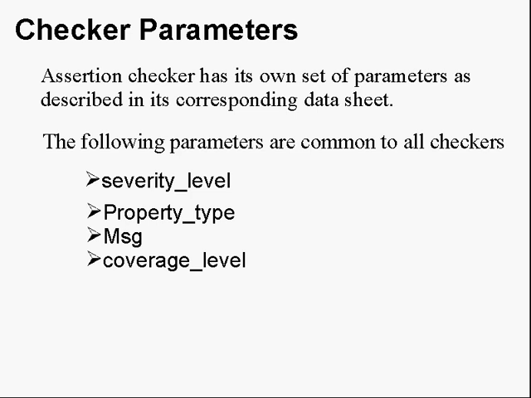Next, we are going to see the benefits of assertion checkers. First, testing internal points of the design, thus increasing the observability of the design, right? For example, the design engineers write assertions inside their code.